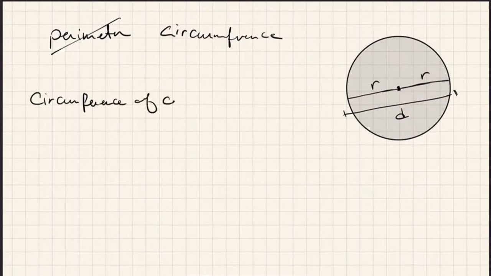If I want to know the circumference of a circle, I need to know only the radius. The circumference of the circle equals 2 pi r. Pi is a constant which equals 3.14 or 3.142, as per your teacher. Which one did he tell you? 3.14.